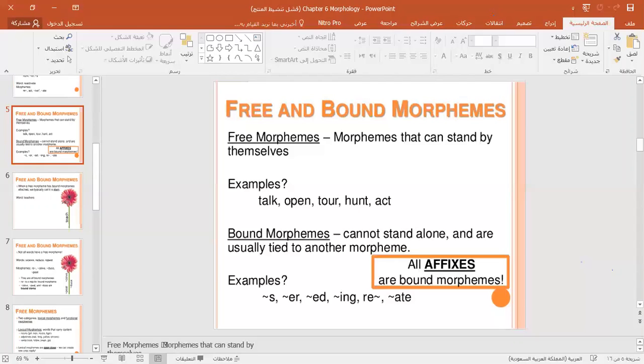Free morphemes are words, the roots. If you remove all the suffixes or prefixes that are added to the word, you get a free morpheme.